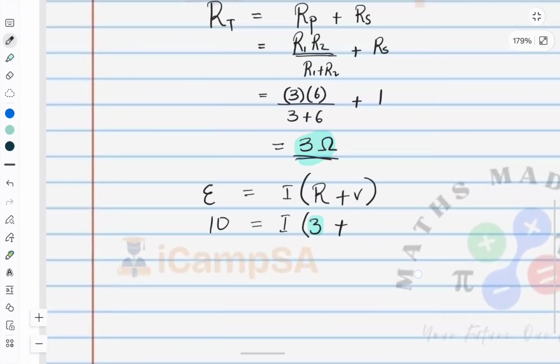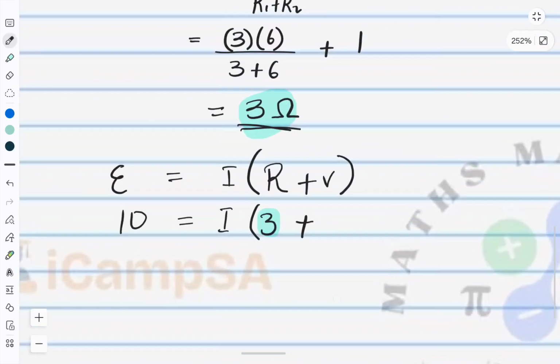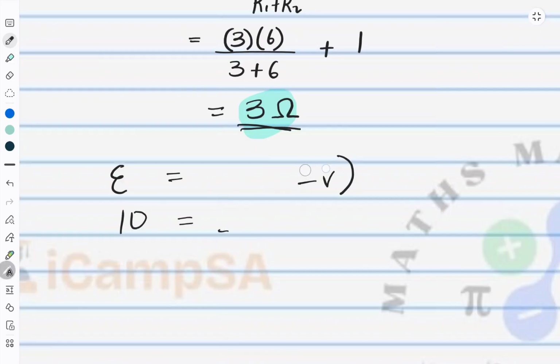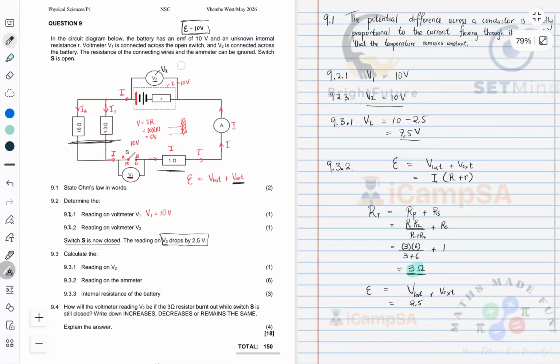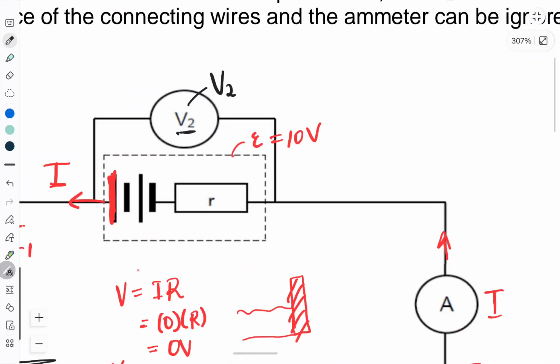Okay, we can do it like this. It's not an issue. We don't need to find it. E equals V lost plus V ext, right? Since we don't know r, but we know the lost voltage is 2.5. That's for V2. Remember, they told us V2, the voltage drops by 2.5.